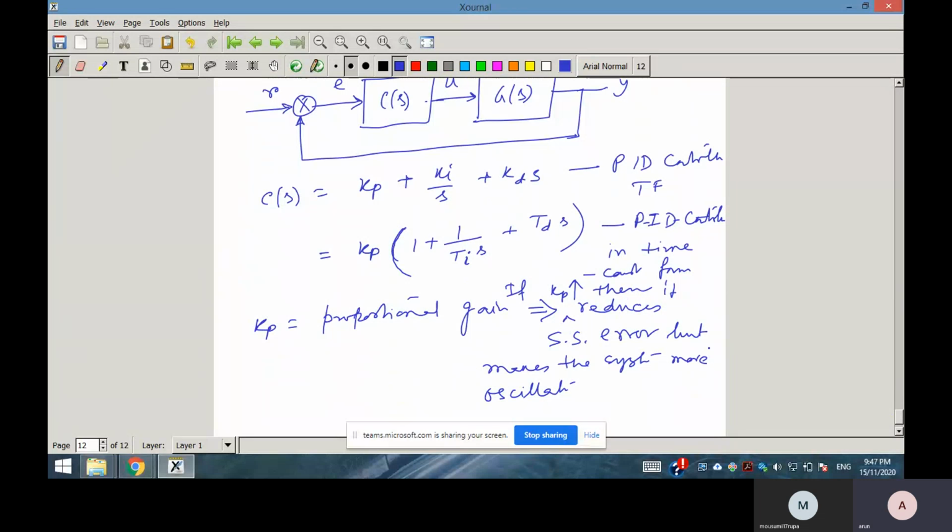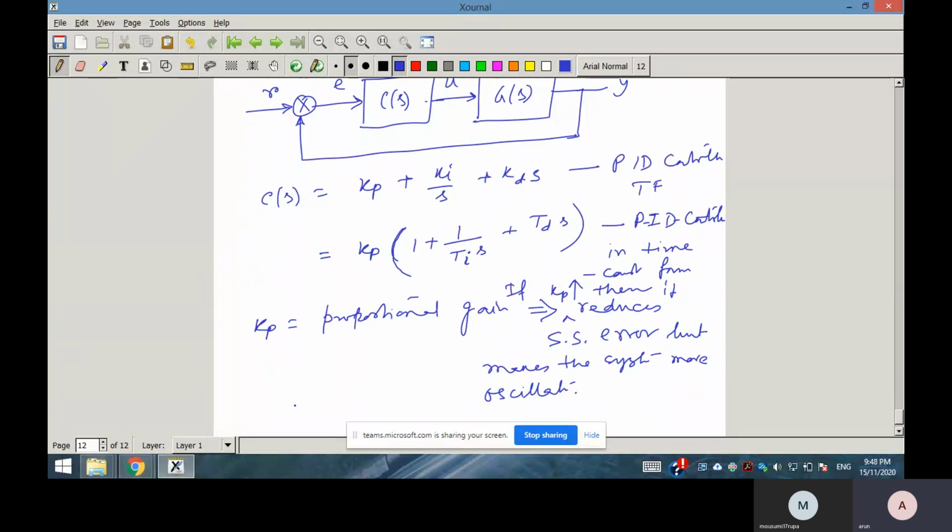That means oscillation will increase. That is true in case of any feedback system: if you increase the loop gain, your steady state error will reduce, but oscillation will increase.